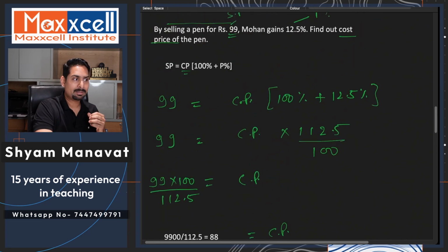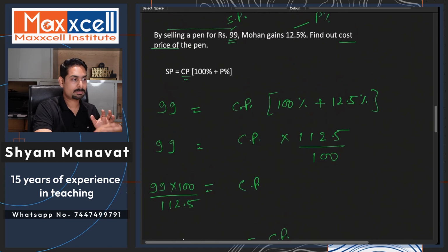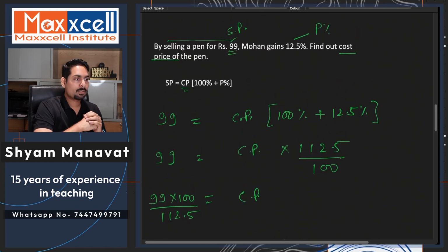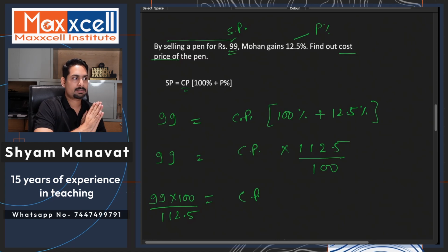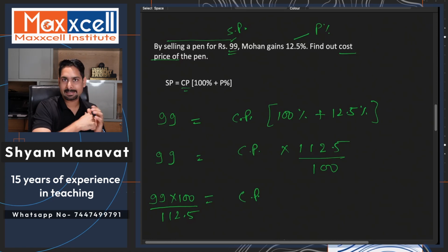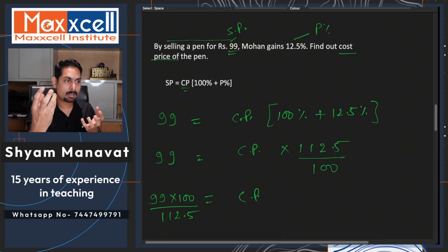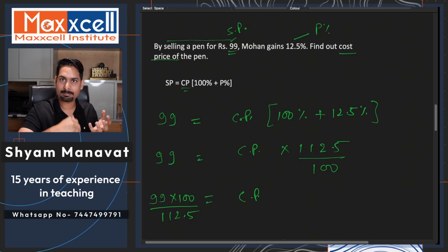Let me tell you one common mistake which I have seen my students are doing before learning this formula. What they do is they say, okay, sir, selling price is 99. Okay. This 99 you got after increasing the cost price by 12.5%.